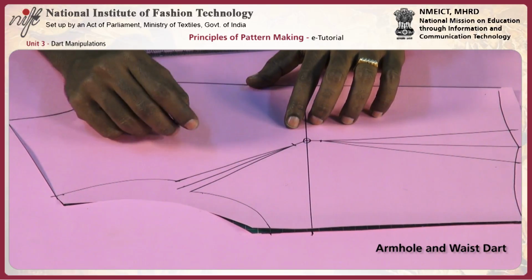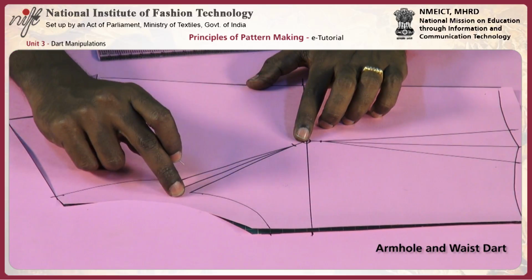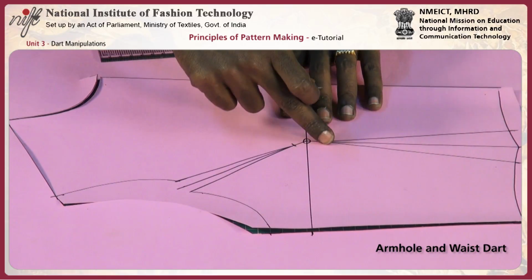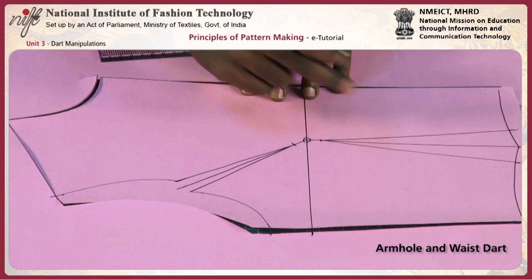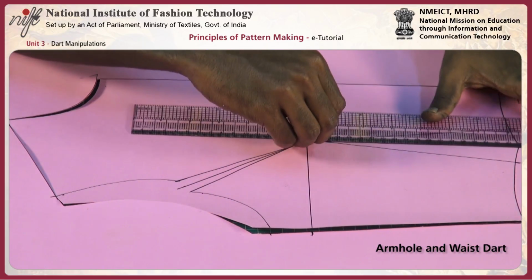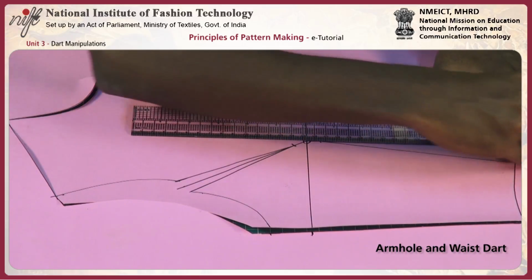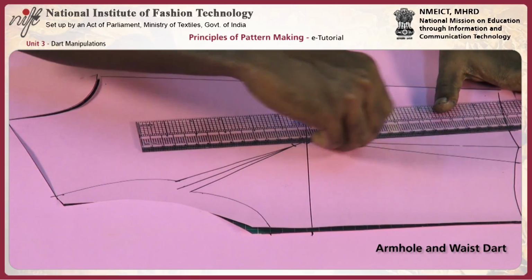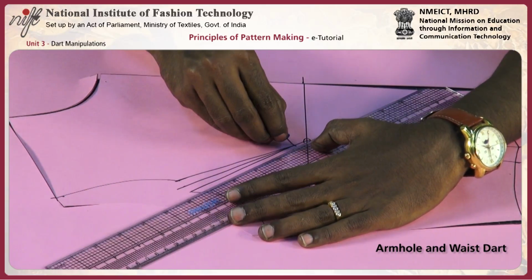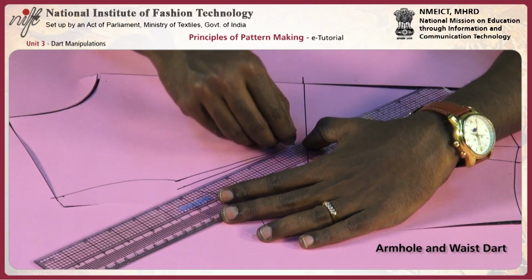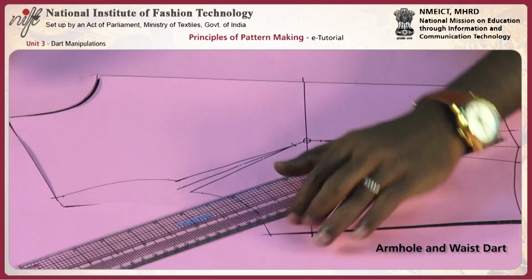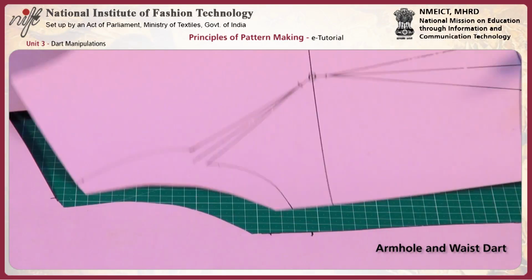Now we have to close the dart. Close the bottom line, crease the bottom line and fold on the center line, crease the line which is near to center and fold on the center. Cut the pattern.